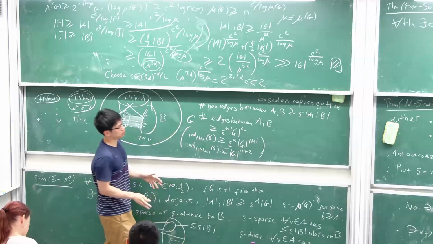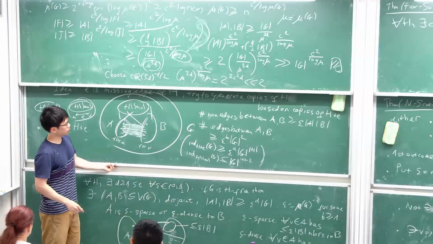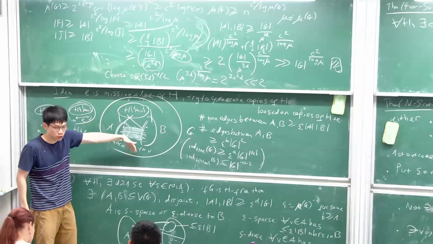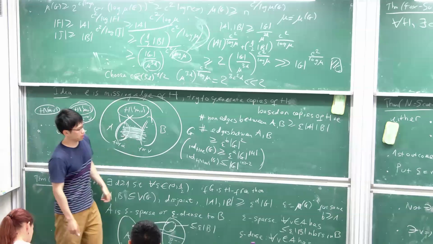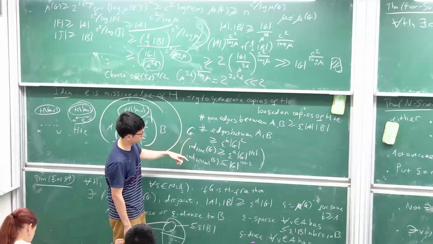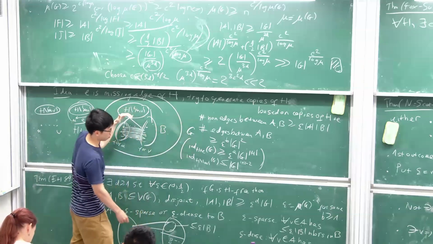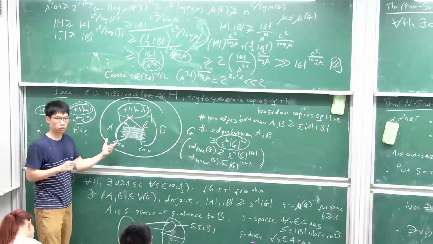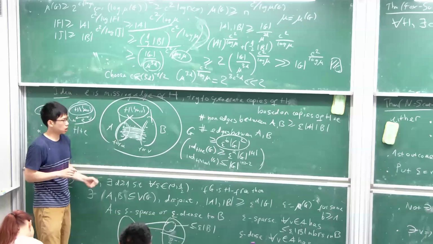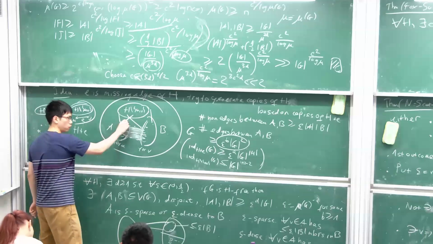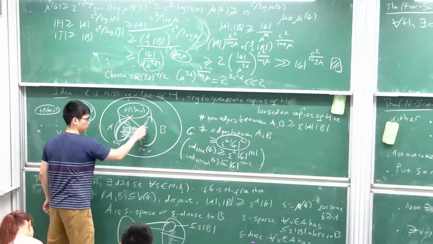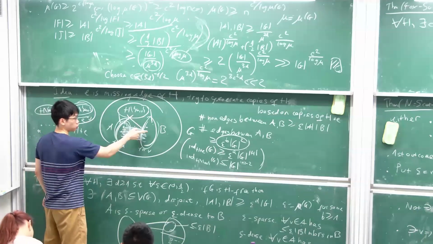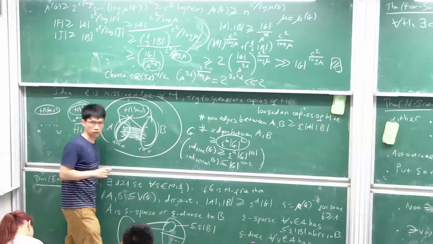Yeah, so let me try to say it again. There is a copy of H minus UV, which can be extended in many ways to H plus E. And by many, I mean this copy can be extended in at least this many ways to a copy of H plus E in G. And because of that, if you look at the set of candidates for U and the set of candidates for V, which I call A and B respectively, then the number of edges between A and B has to be at least this quantity.